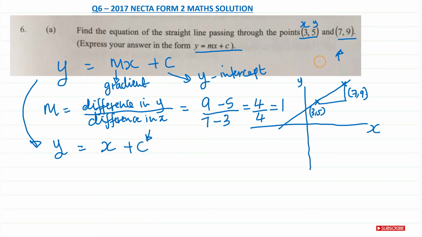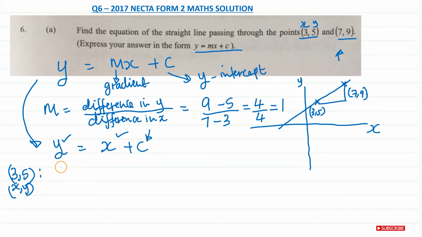That is when we use one of these coordinates. We can use 3,5 or 7,9. I'm just going to use 3,5 to find the y-intercept. It means I've got x and y here. I can put them in here, and then the only unknown will be c.